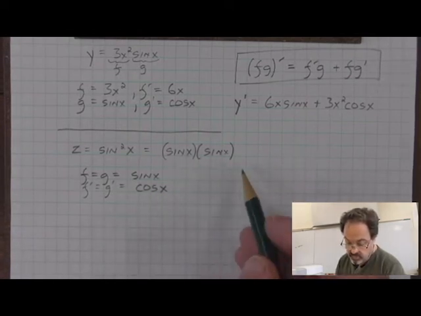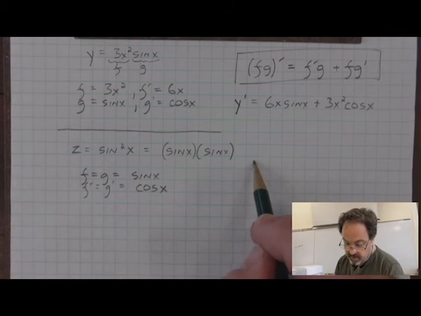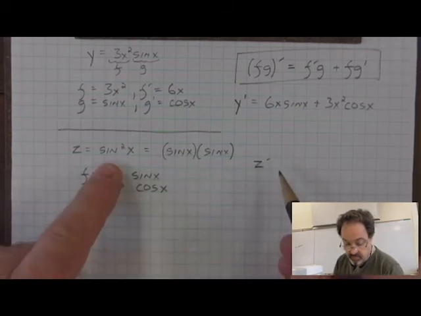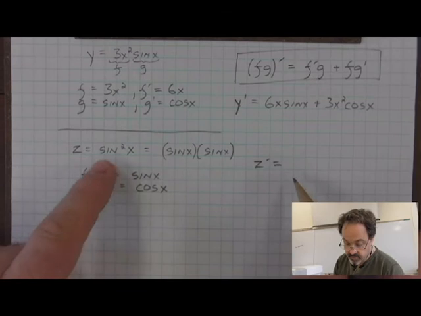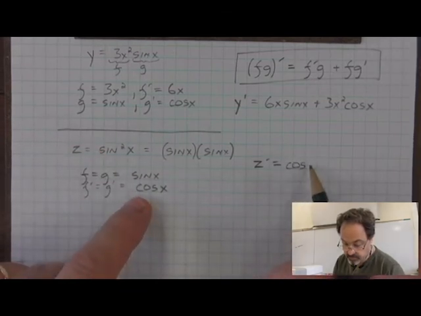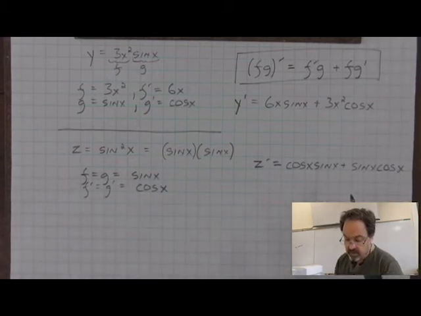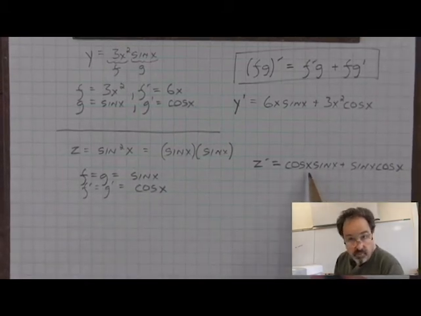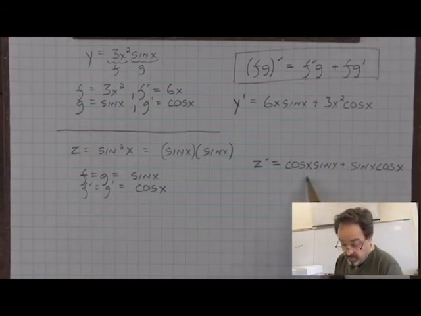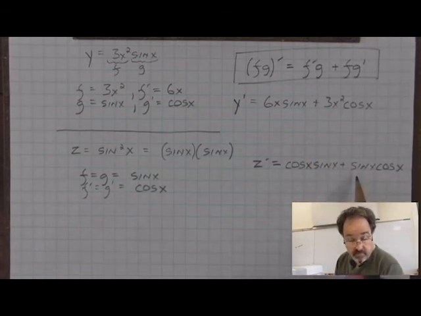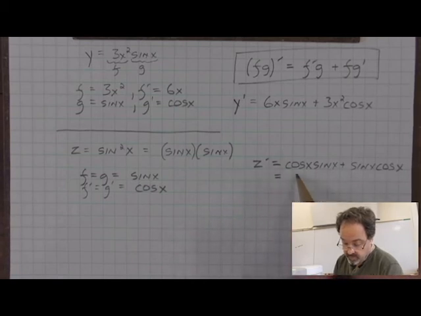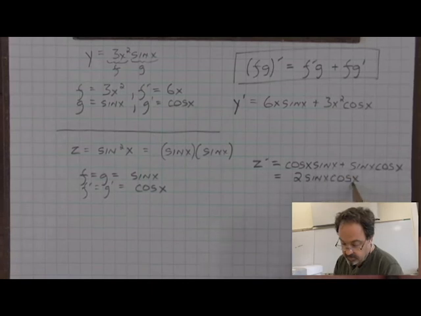So the derivative of z, thinking of z as a product, is going to be the derivative of the first function times the second plus the first function times the derivative of the second. And because it doesn't matter the order in which we multiply, we can think of these two terms as the same term and simplify this to be 2 sine x cosine x.